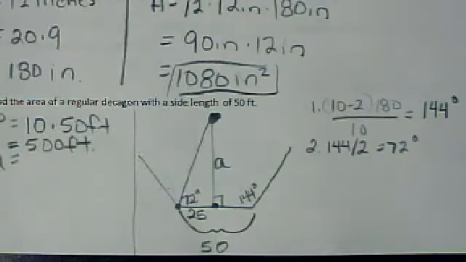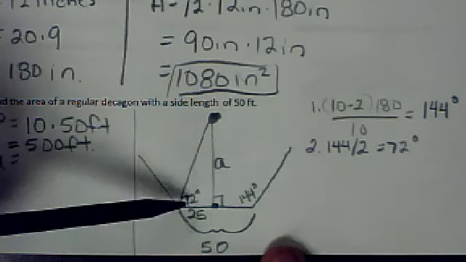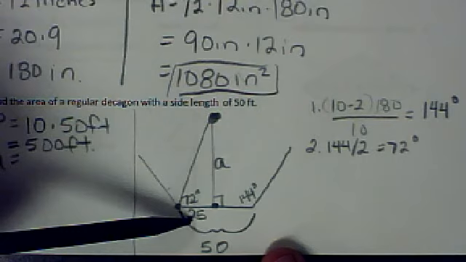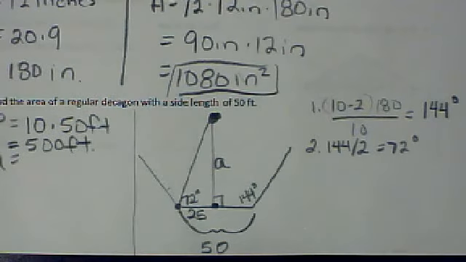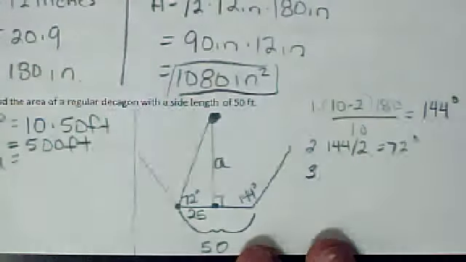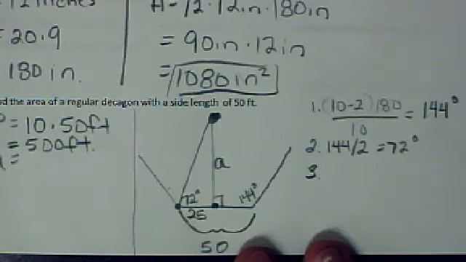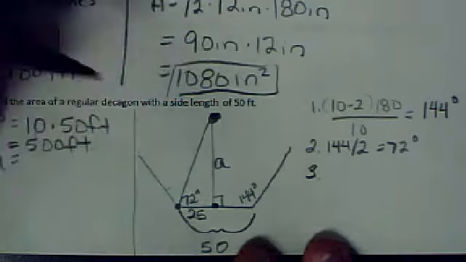Now, do I have enough information to solve for my apothem? Yes. I have an angle measurement and a side length in a right triangle, which means I can now use trig to solve for my apothem length. So that's what I'm going to do. What trig function am I going to use? Do I have something in my hypotenuse? I do not, so I'm going to be using tangent.